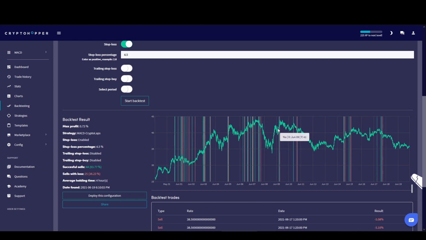It's waiting for an uptrend, buys here and then sells right away, and then we had a stop loss right here. Then we go down, go back up, buy, and sell right away. And then right here, we have another stop loss. This one is 63% successful, 36% with a loss.